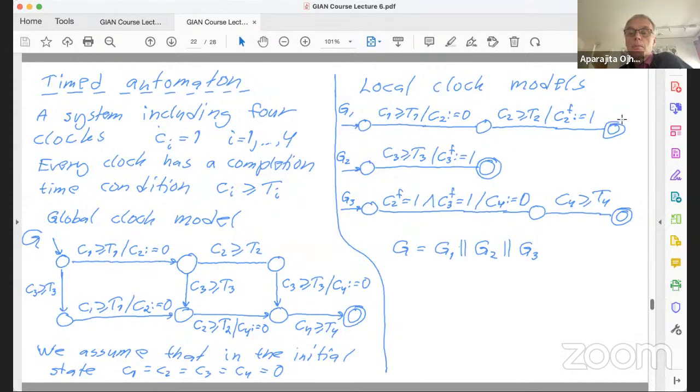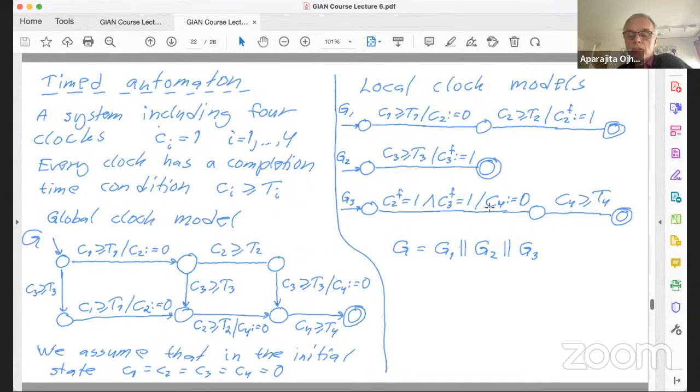So when these two operations are satisfied, then we start the fourth operation. And that is only allowed when the two first are completed. That means that both C2F and C3F are equal to 1.